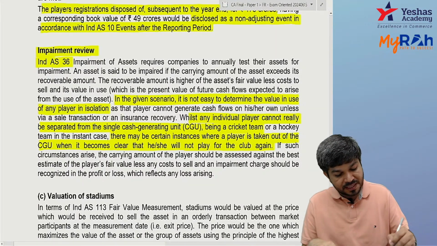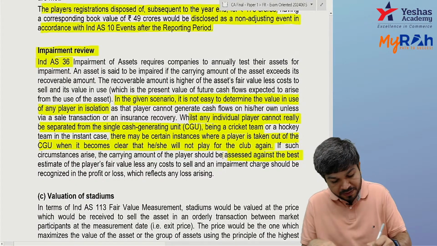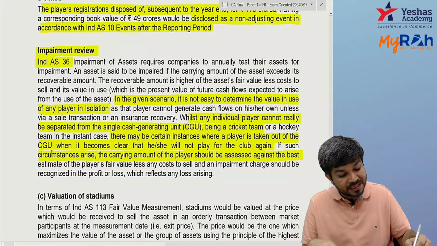If such circumstances arise, then the carrying amount of the player should be assessed against the best estimate of the player's fair value less cost to sell.